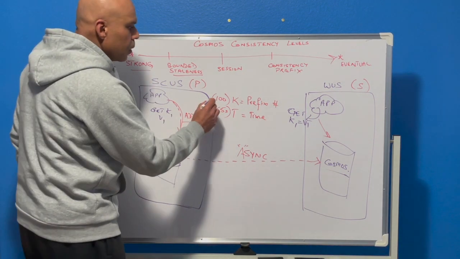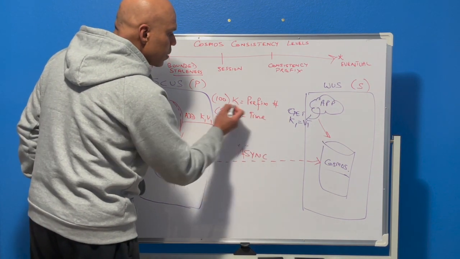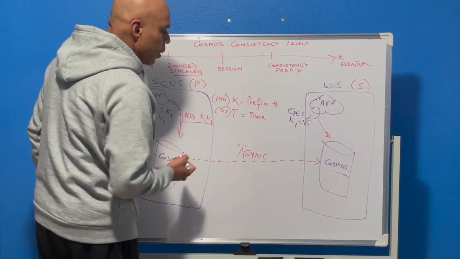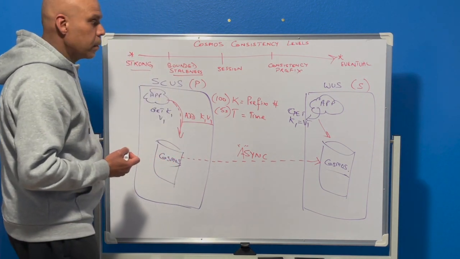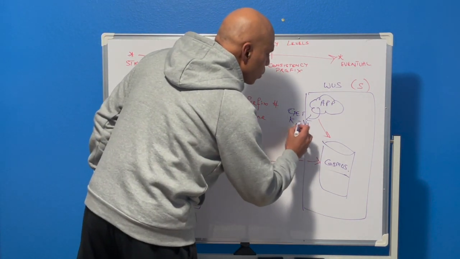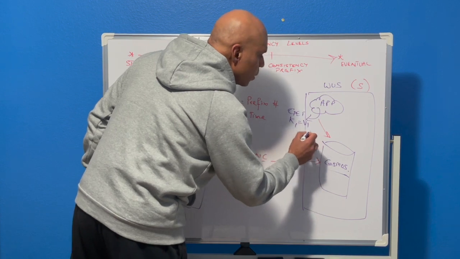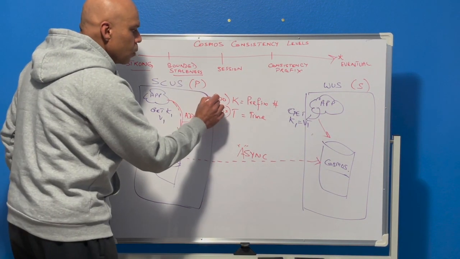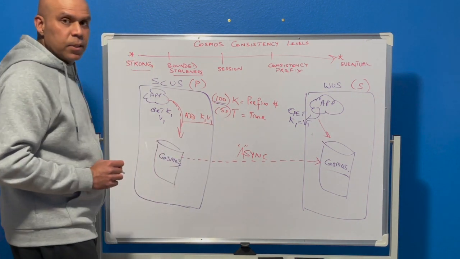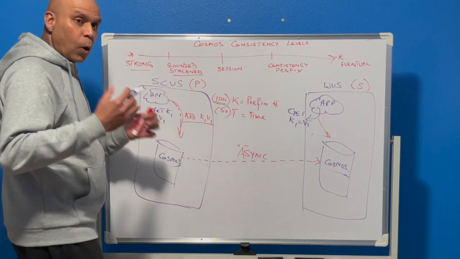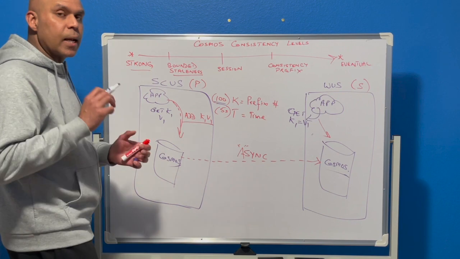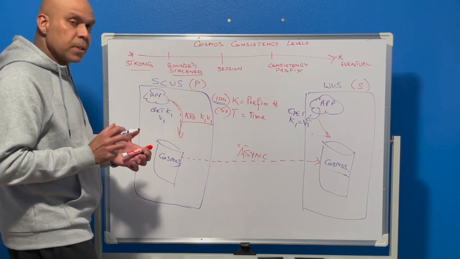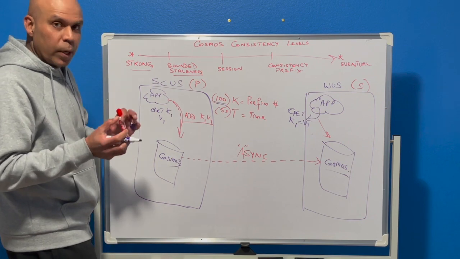But because my staleness is set to up to either 5 seconds or up to 100 writes, if I issue this get call from my remote region, I may get a value which is within this range. Okay, so that is the tolerance level, in a sense, that I am configuring, that my app can accept stale data up to this window.